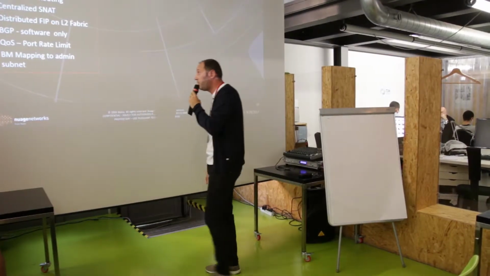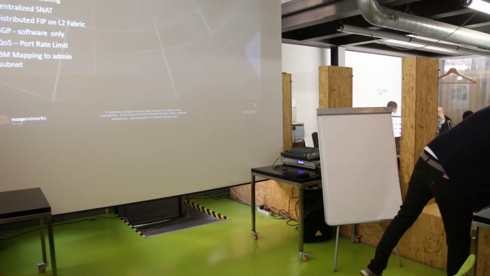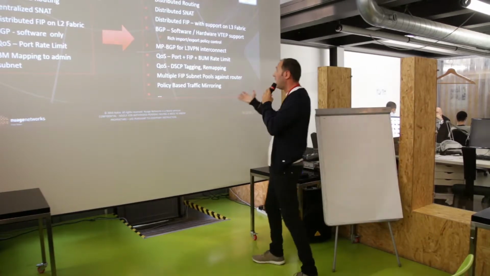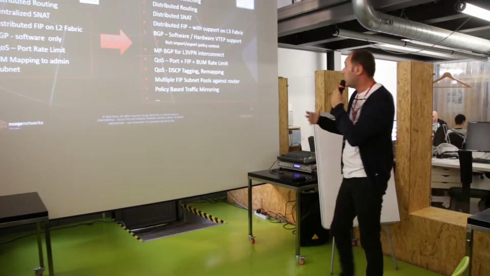You have FIP, BGP, QoS port rate limiting, and so on. This is just a list of what Nuage can add. We implement this functionality in a distributed fashion. Also, the source NAT or the floating IP we can do in a distributed way.